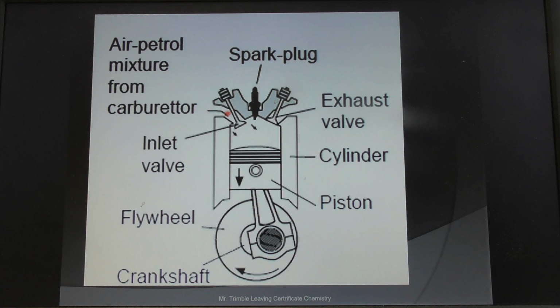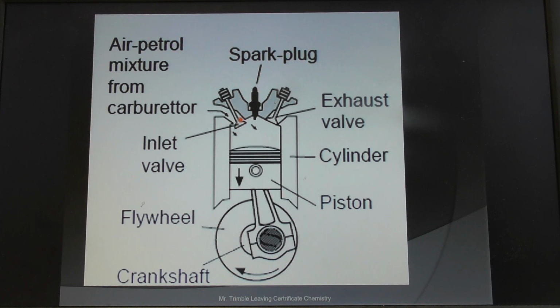And when the air-fuel mixture comes in, it's drawn in as this goes down. That's almost like a syringe. As that goes down, it will draw in the fuel-petrol mixture. Now the piston, you see it's off center of this wheel. So the wheel will go around, and as it goes around, then it'll start going back up again.